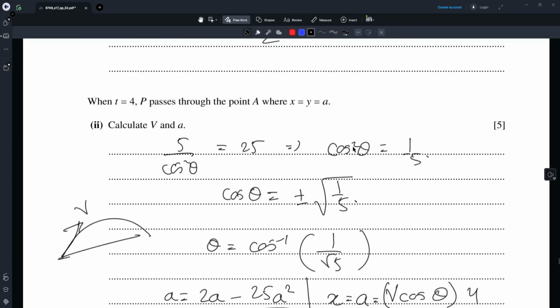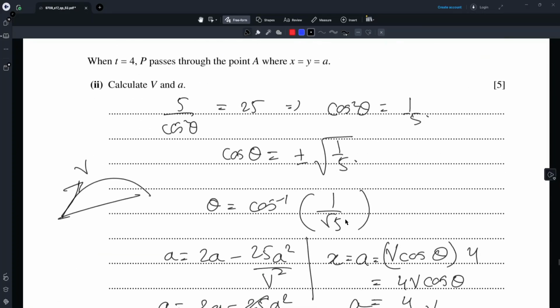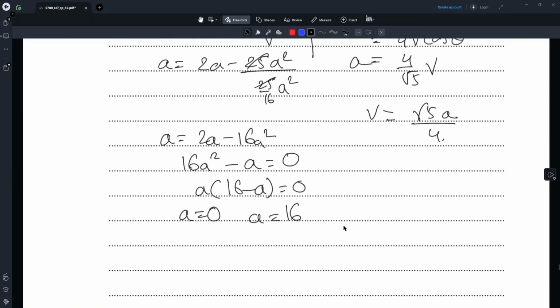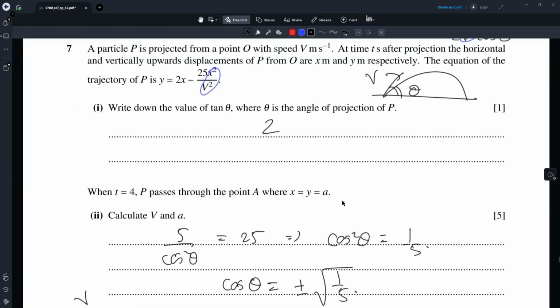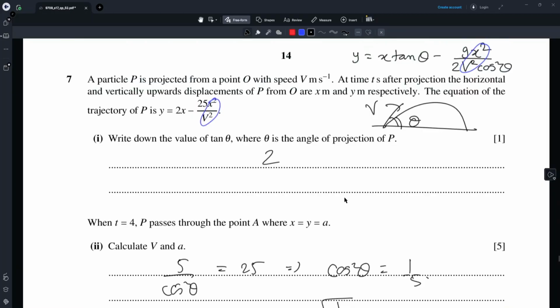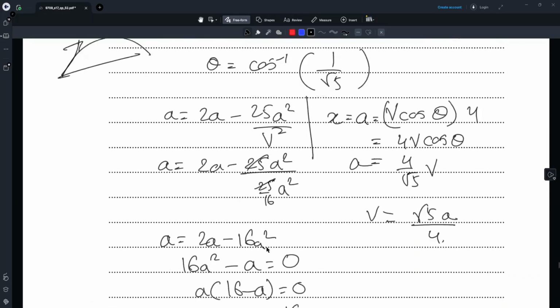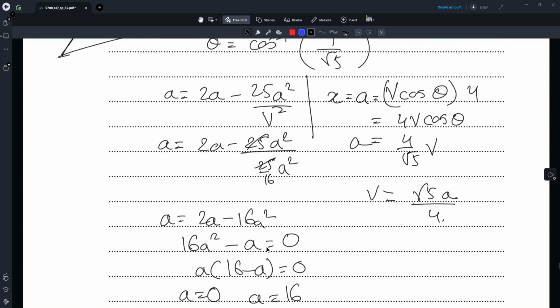Now, obviously x and y are the same. Obviously, we start from t equals 0. If we start from x equals 0, then it definitely means we are not starting from the origin, even though this one doesn't make too much sense to me for the time being.